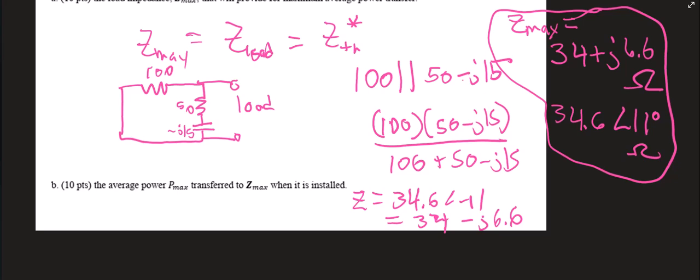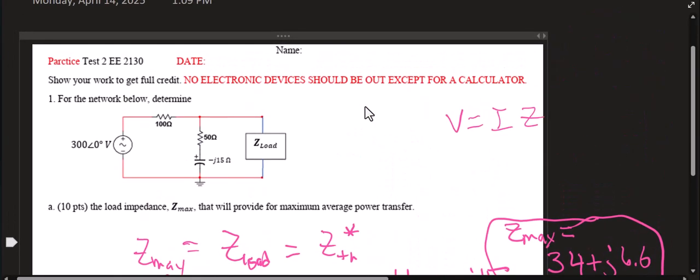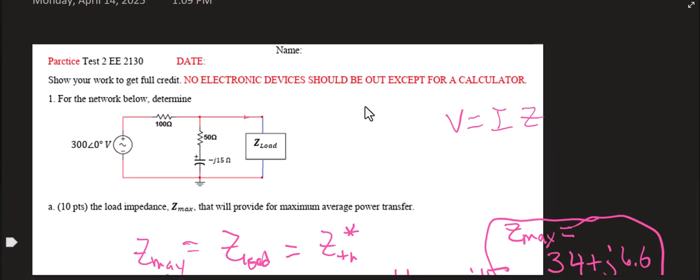In order to find the power through the load, even if I were to use the formula, I would need the voltage across that load, because the formula for max power has the voltage in it. So I have to get the voltage across that load.